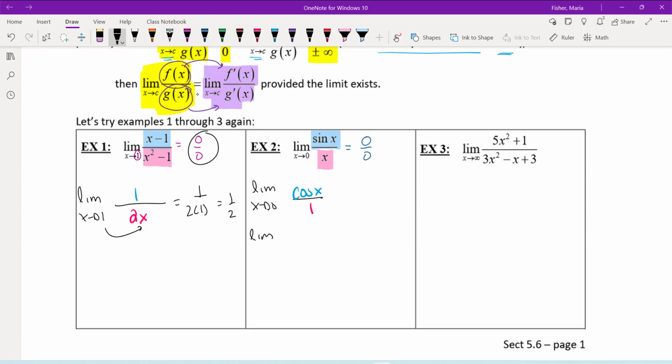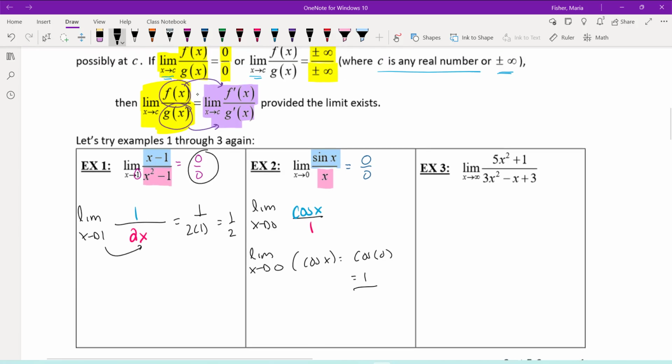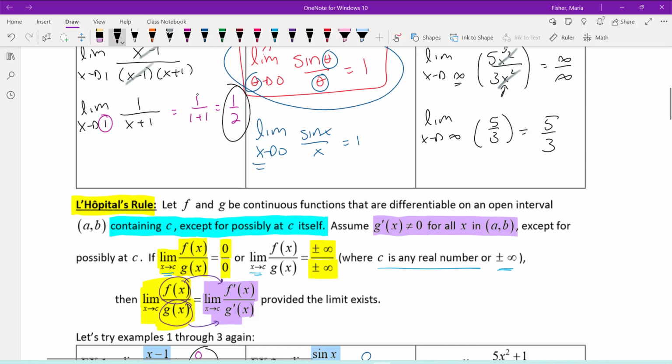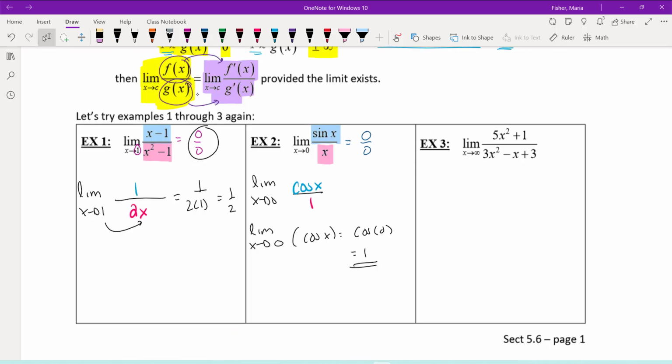I don't need that over 1, so this is just the limit as x goes to 0 of cosine of x, which is the cosine of 0. The cosine of 0 is equal to 1. Again, notice that this is the exact same answer we got using that limit we needed to know from Calculus 1.